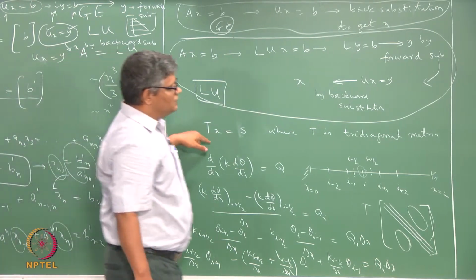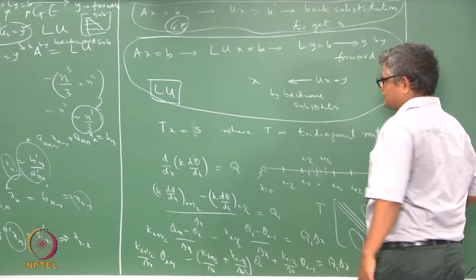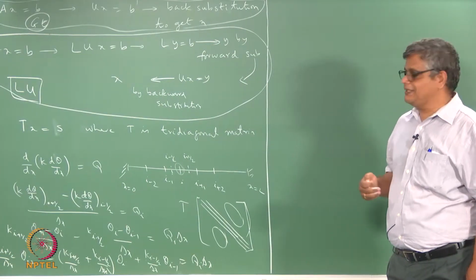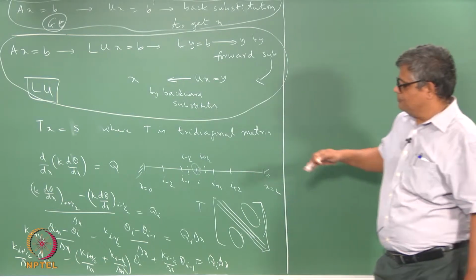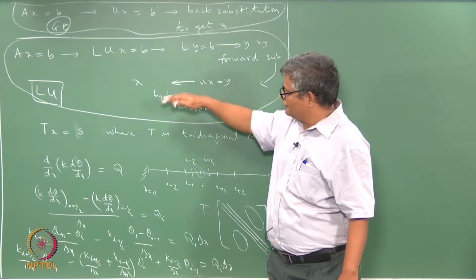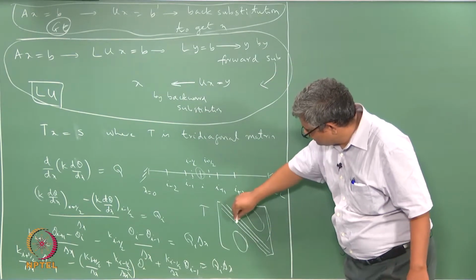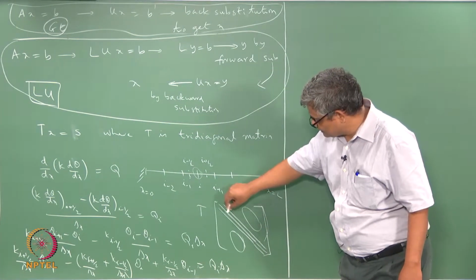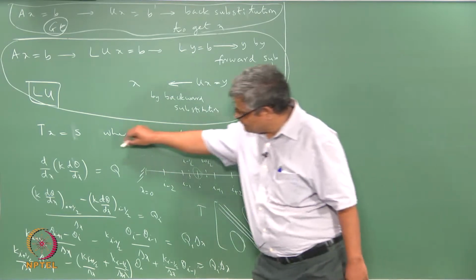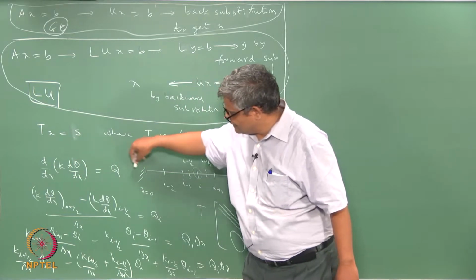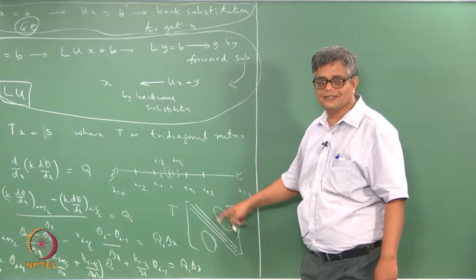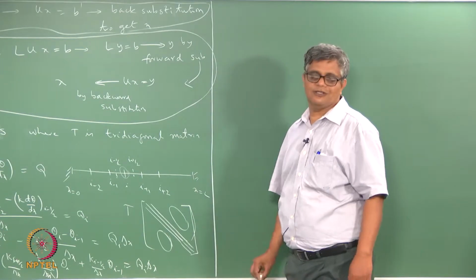So, it is possible to develop a very fast scheme by taking advantage of the fact that there are only 3 diagonals which are non-zero and all the others are 0, and the fact that in a typical diffusion problem the diagonal dominance of this tridiagonal matrix is satisfied.